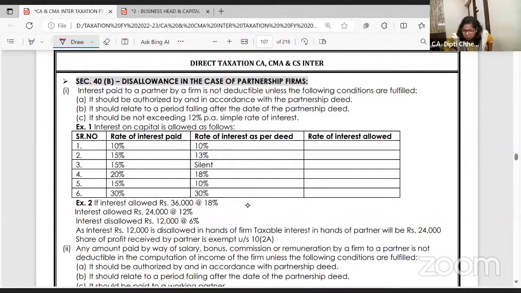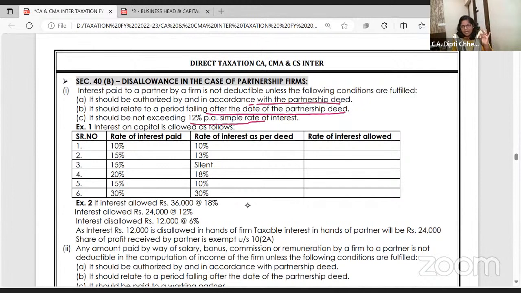How much interest on partner's capital can the partnership firm pay? Forget about what you have studied in the Partnership Act, that it is 6% and all. That is not applicable. If it is authorized in the deed, for the period following after the deed, it should not exceed 12%. Is it understood?